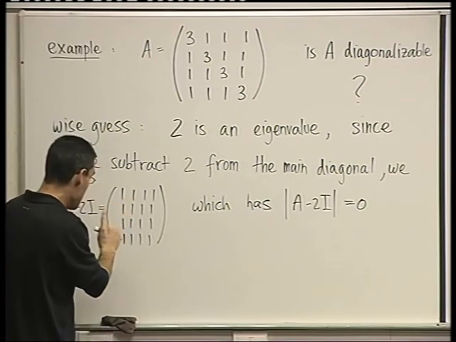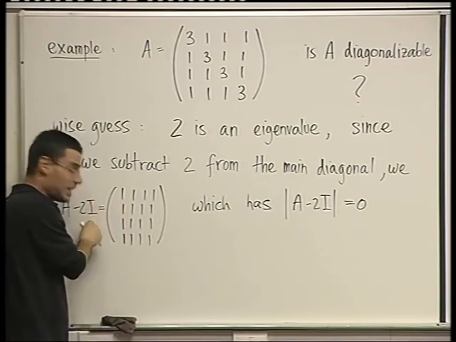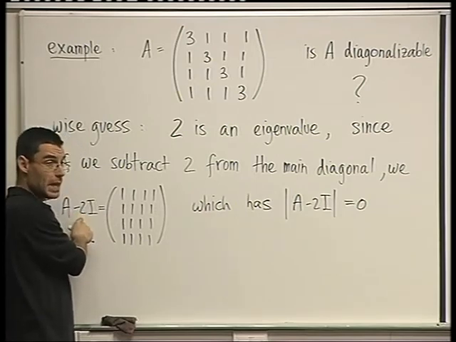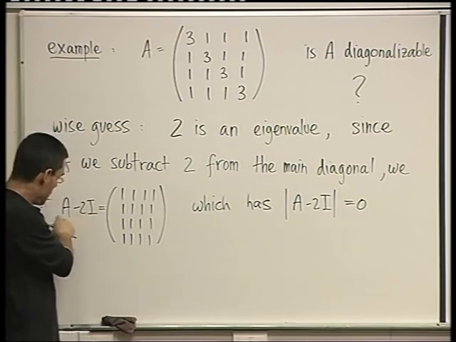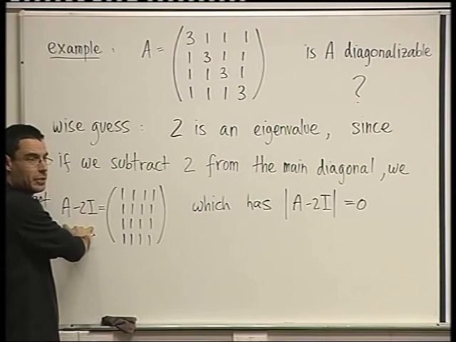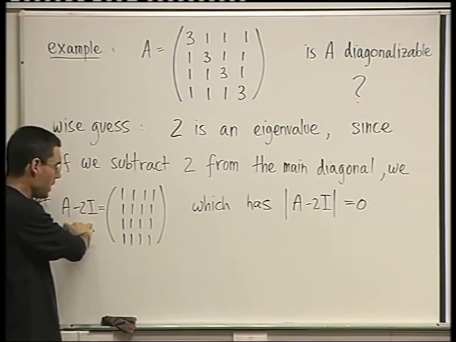The number of eigenvectors corresponding to the eigenvalue 2 is the dimension of the kernel of A minus 2I, the same as the dimension of the null space.